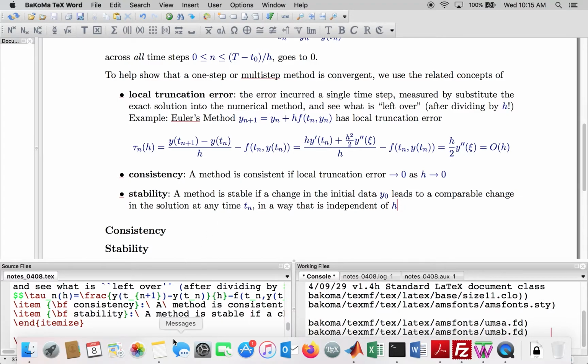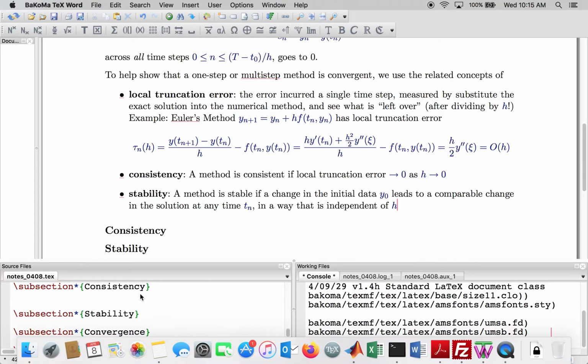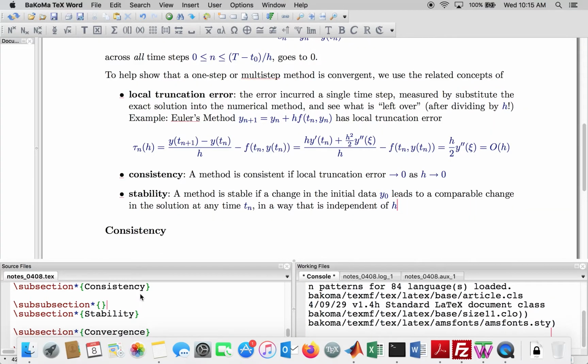So I'm going to break this down into two parts. How we show consistency, first for one-step methods.